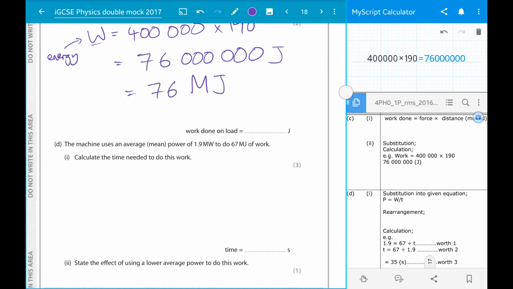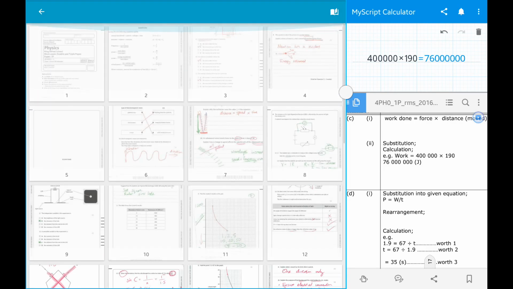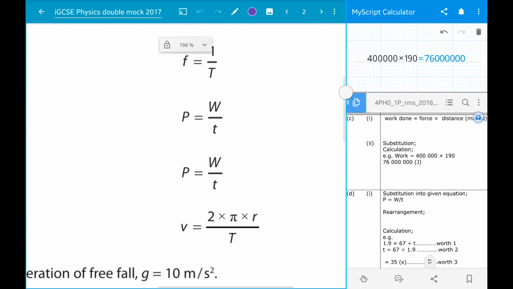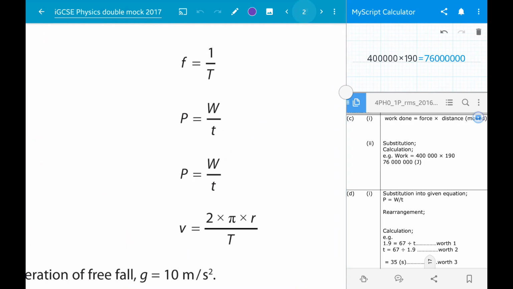The machine uses a mean power of 1.9 megawatts to do 67 megajoules of work. What is the time needed to do this work? Well, the equation for time and power is right at the very beginning: power equals energy divided by time.